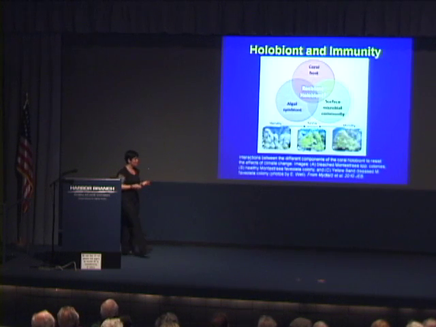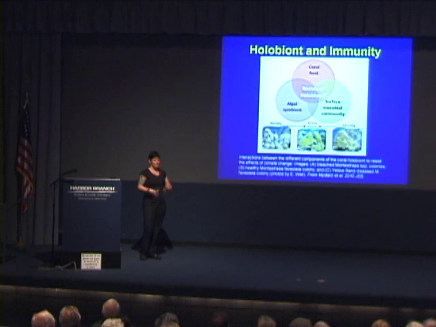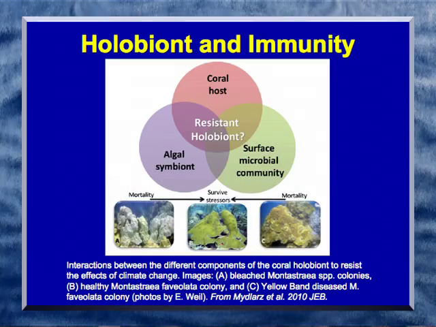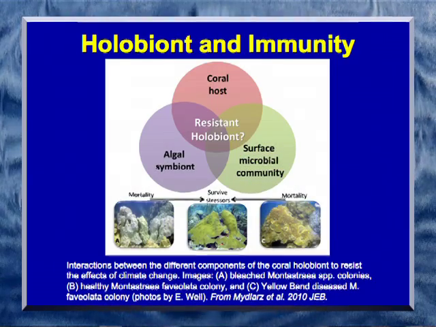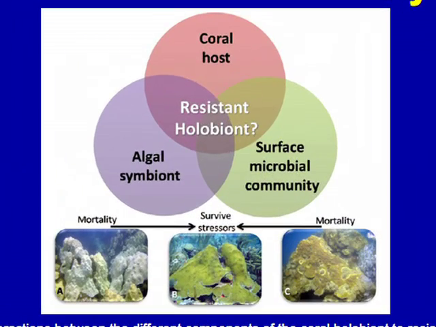So what about holobiont and immunity? Well, just like we need healthy functional gut flora to keep us healthy, but we also have to keep our cellular tissues and our internal organs healthy, the coral has to create some sort of balance as well. So you have the coral host, the algal symbionts, and the microbial community that all create a healthy holobiont.